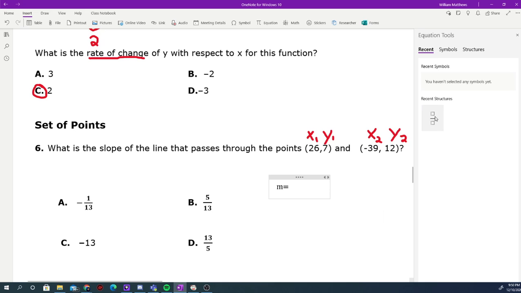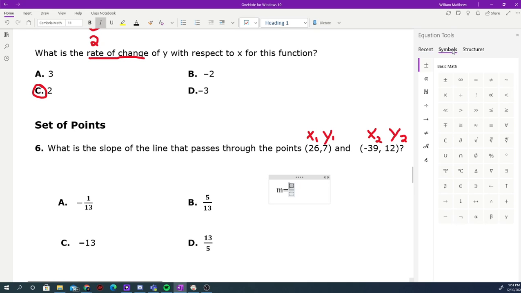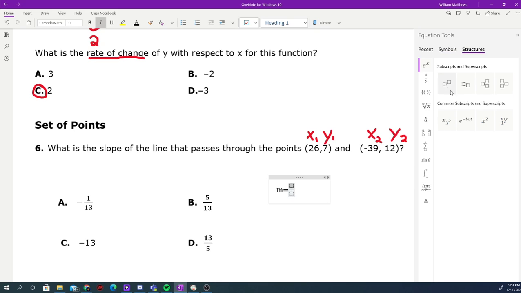Of m equals my x2, oh, hold on, gotta get this set up right. There we go.